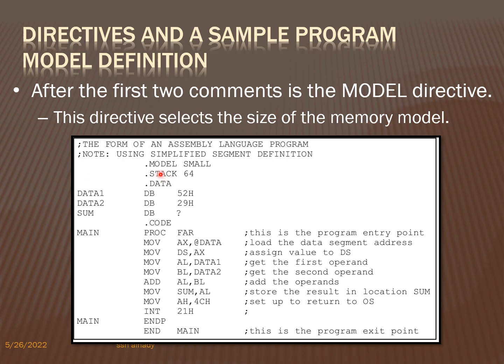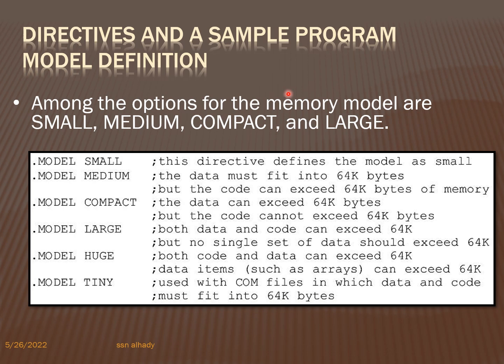You have model small and so on. There are a number of memory models that you can choose. I'm not going to discuss all of them in detail. This is the one marked in red. These are the options that you can have.